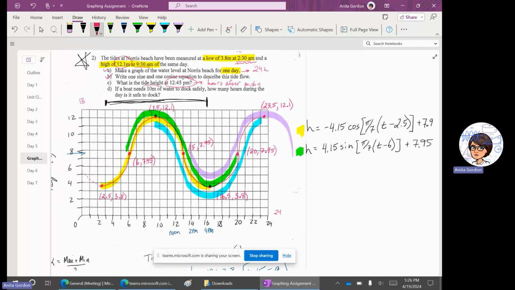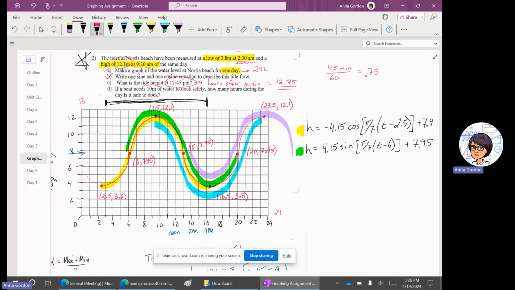So 12:45 p.m. means 12 hours and 45 minutes after midnight. To write this as a decimal, it will be 12.75, because 45 minutes out of 60 is 0.75 of an hour. It's 3/4 of an hour.